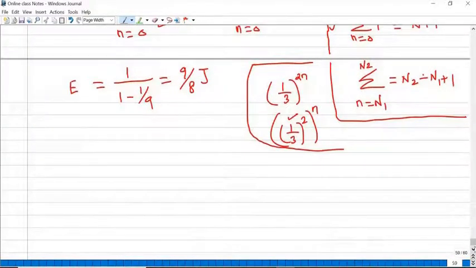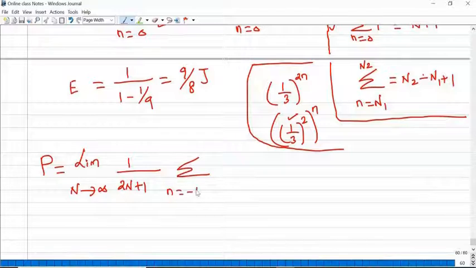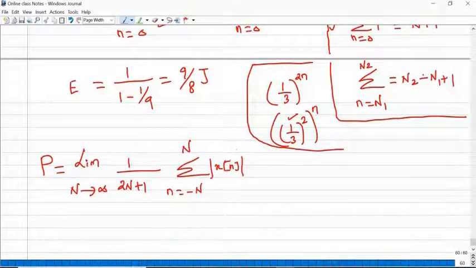Now calculate the power of this particular discrete time signal. So power equal to limit n tends to infinite 1 divided by 2n plus 1 summation n equal to minus n to n x of n square. So we have to solve this summation.